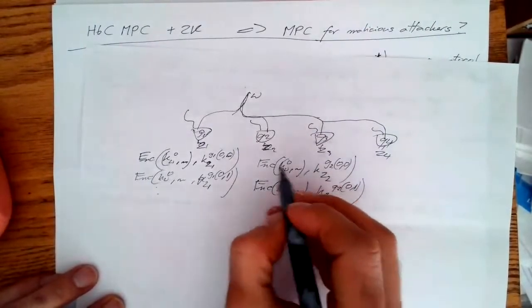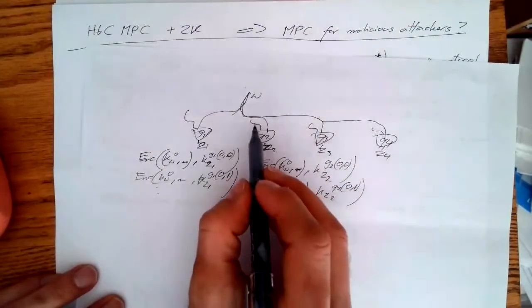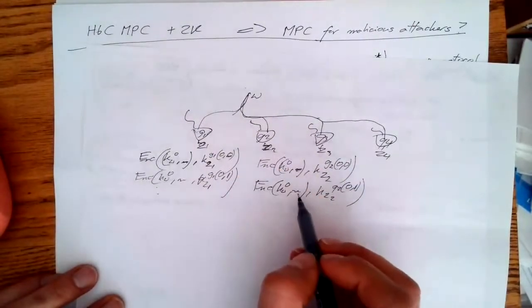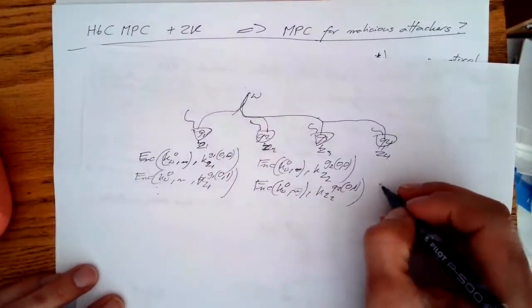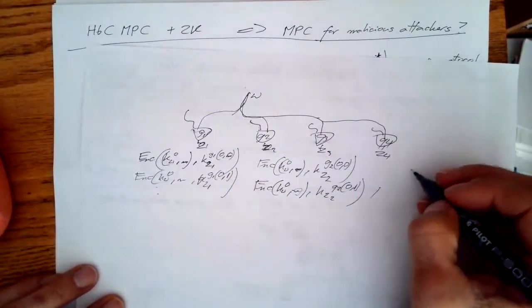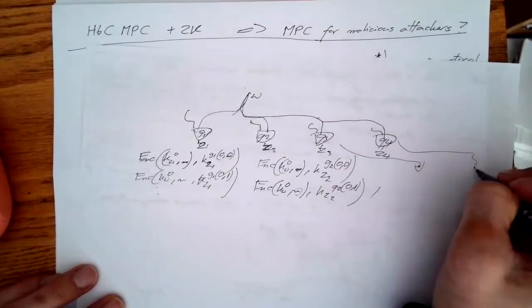Here I use this key with a 0 bit, and here I use the 1 bit key for this wire, etc. Because I need to do this now also for this and also for that.